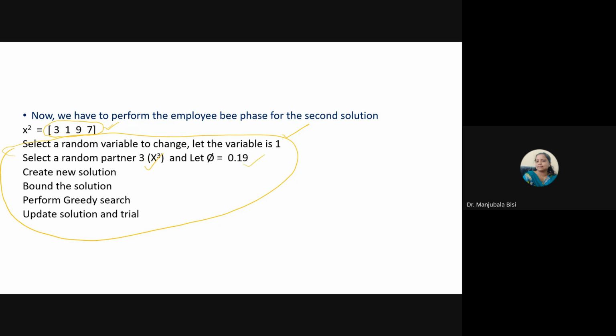Phi is also 0.18. So this phi value you can keep constant for all the solutions, or you can change it for every solution. There is no restriction on that. Then you create a new solution by using that formula, bound the solution, perform the greedy selection, update the solution and track.